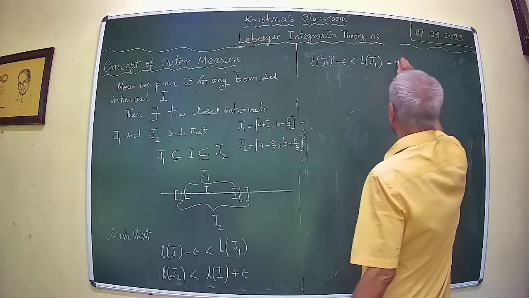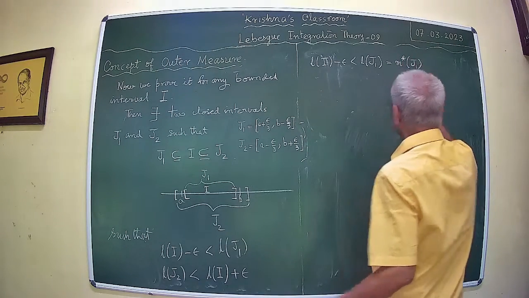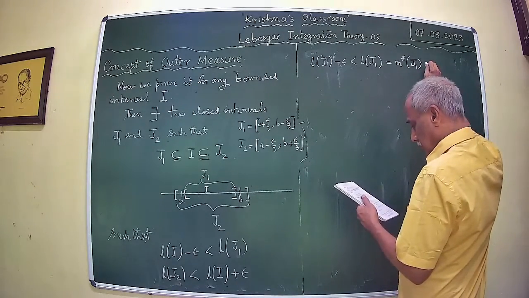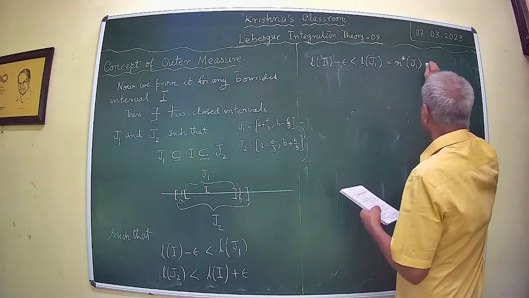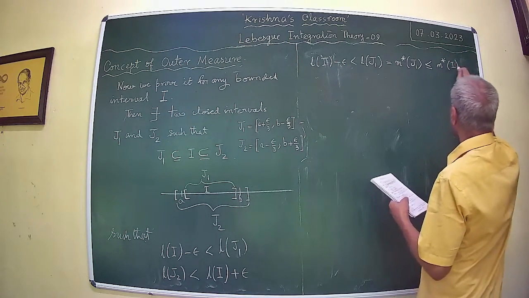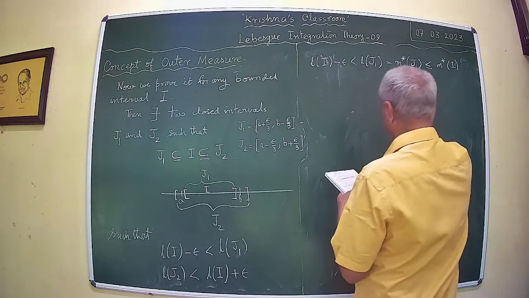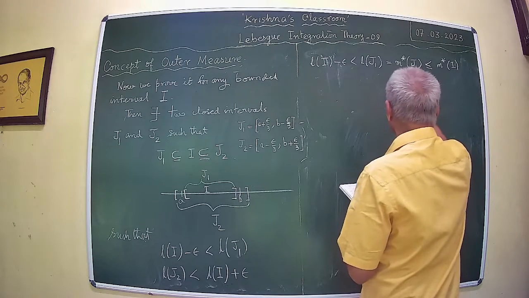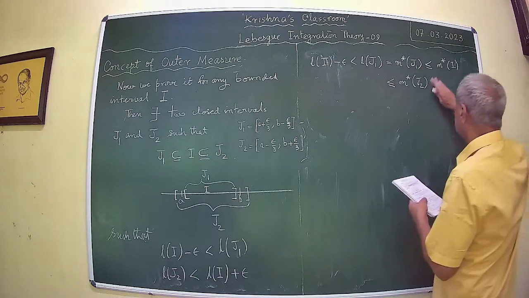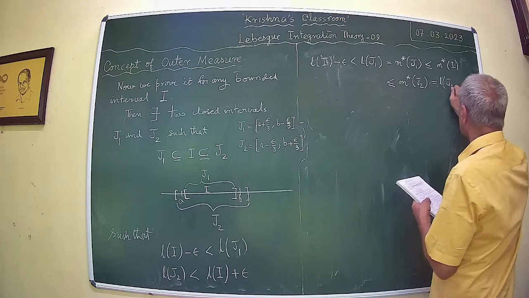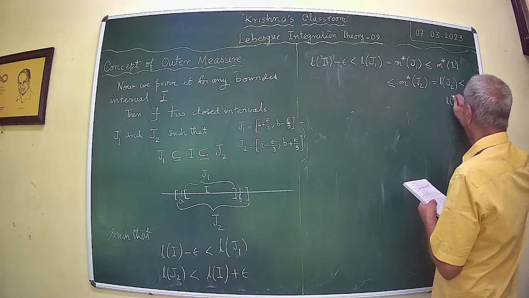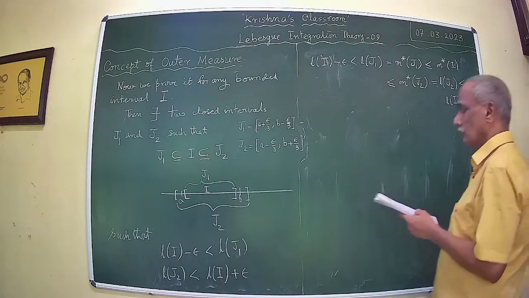Therefore this is nothing but M star of J1, and that is less than or equal to M star of I, whatever it is, and that is less than or equal to M star of J2, that is equal to length of J2, which is less than length of I plus epsilon.